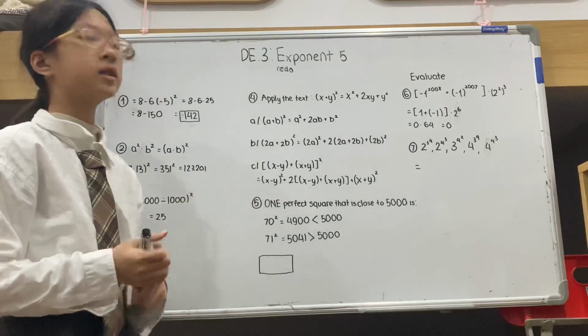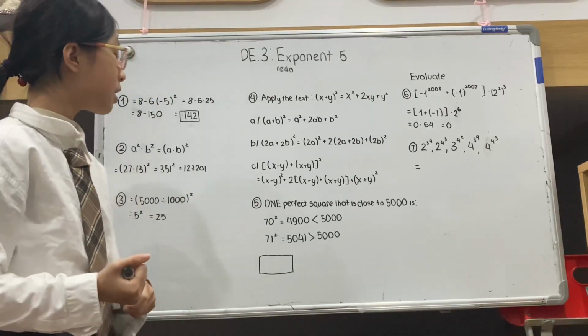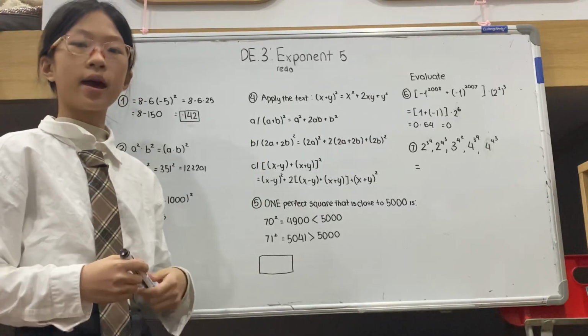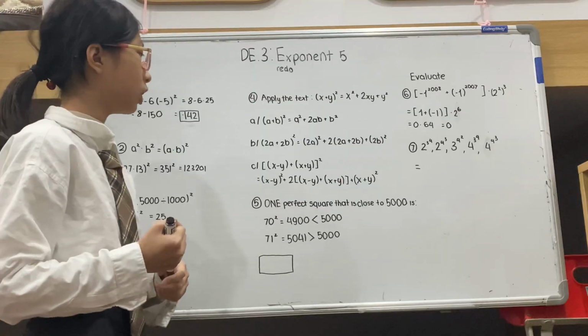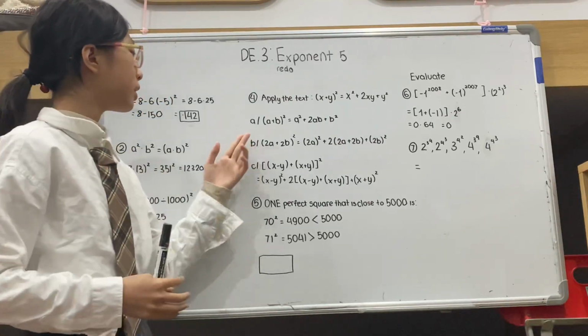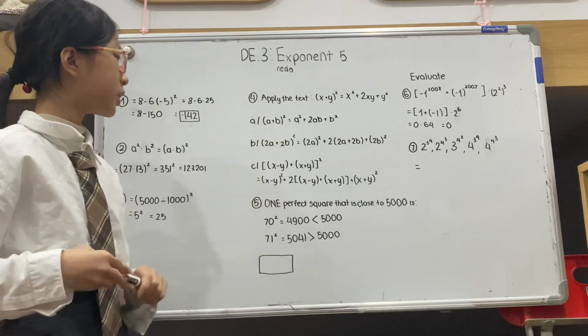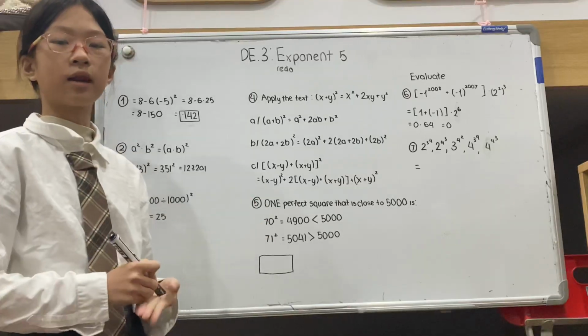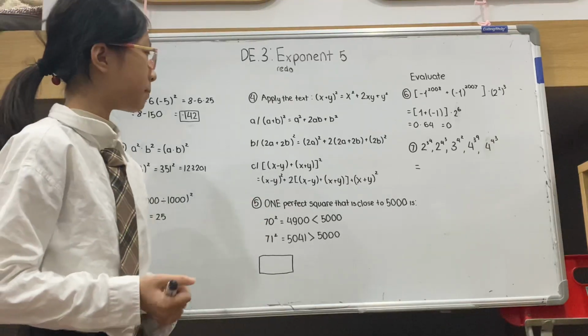And for b, it's a little more complicated. We have open parenthesis 2a plus 2b, close parenthesis squared. It's the same as letter A, just different in that A turns into 2a and B turns into 2b.